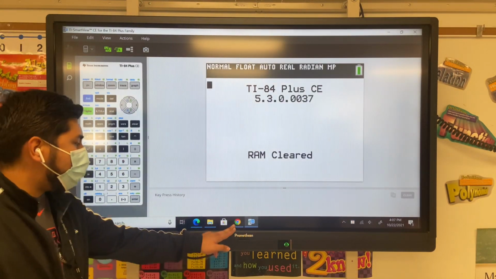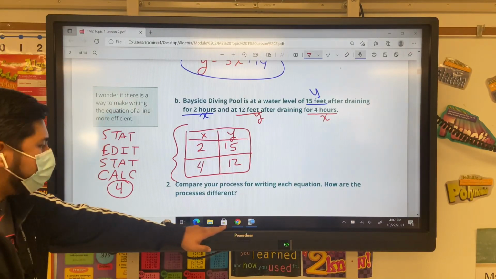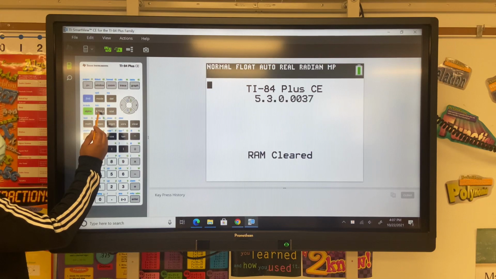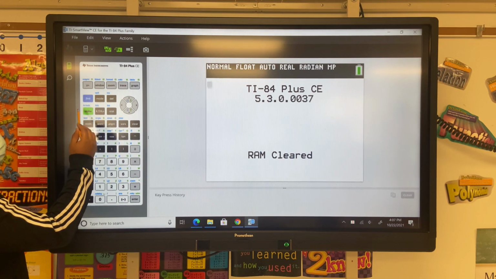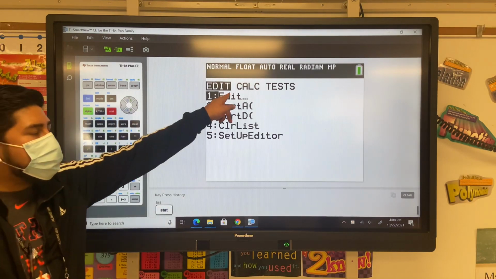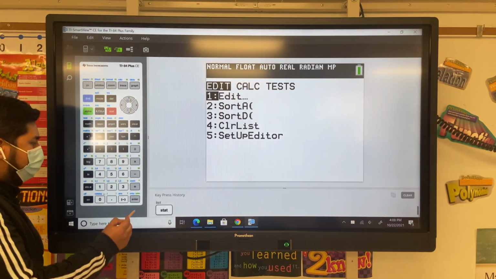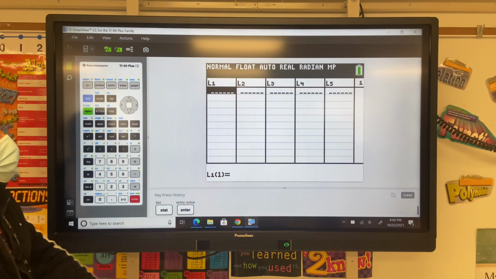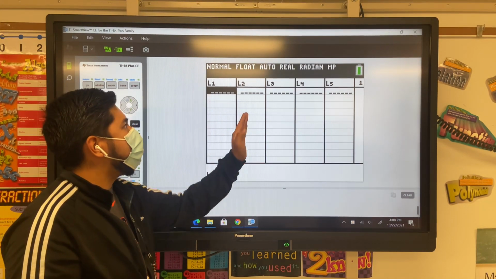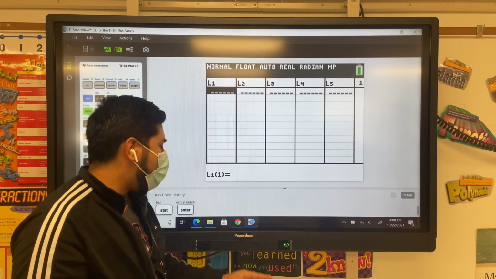Going by the steps that I just wrote, we have stat. Stat is this button that's right here next to alpha, next to x. Stat is the third button on the third row. Stat. Edit is the first button, so I'm just going to click enter. After that, I have a table. First column is x, second column is y.